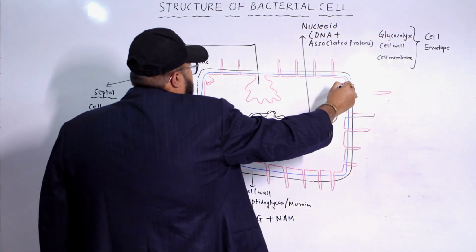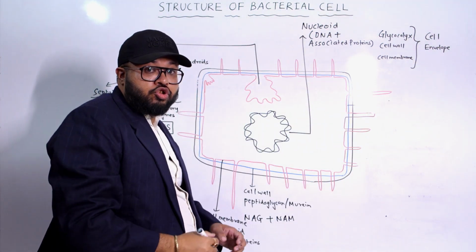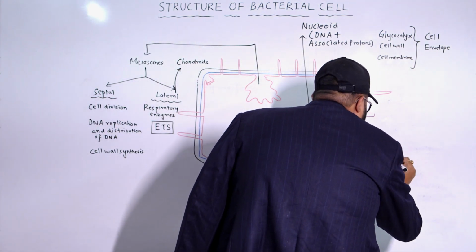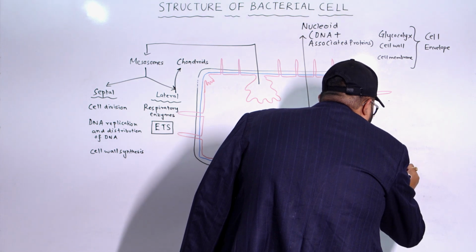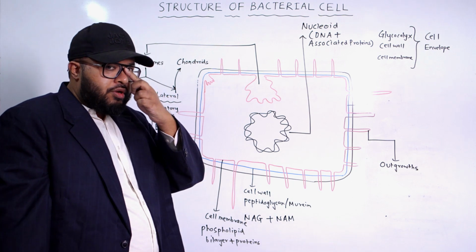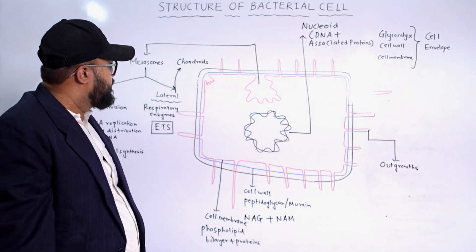These are the outgrowths or evaginations of the cell membrane. Now these outgrowths are of 2 types.